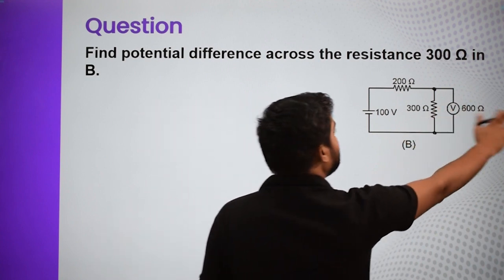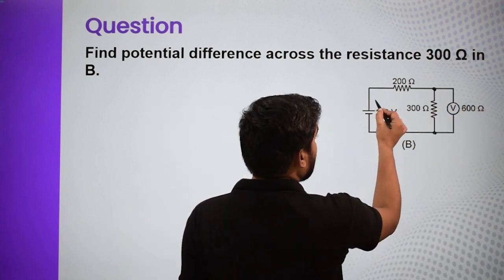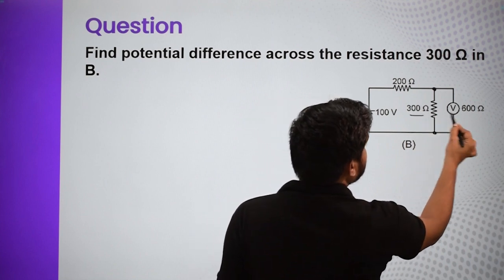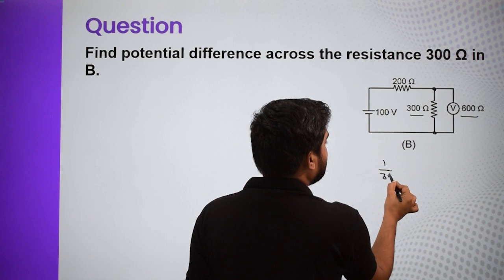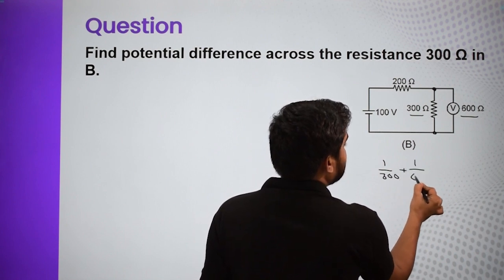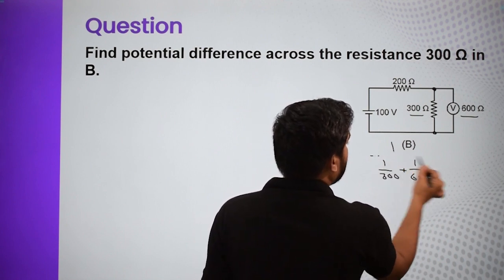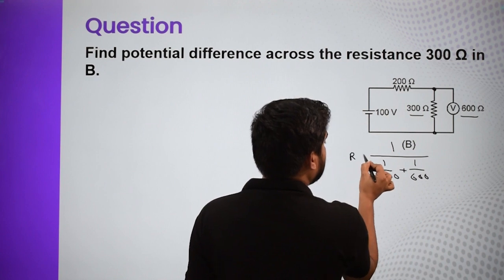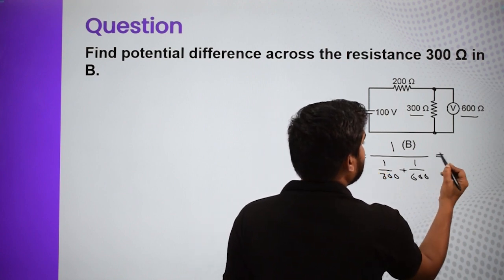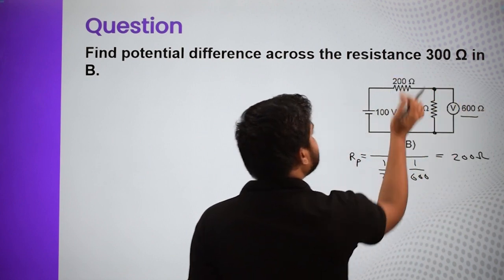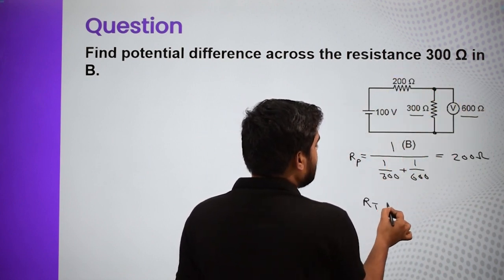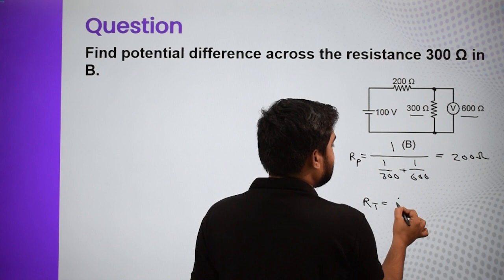So here treat this as a normal resistance. Now, again, what is the total resistance? The resistance of these two combined is basically 1 by 300 plus 1 by 600, and the reciprocal of that. So we will get the resistance of the parallel combination as 200 ohm. And if this 200 ohm is combined with that, then the total resistance of the entire circuit is basically 400 ohm.